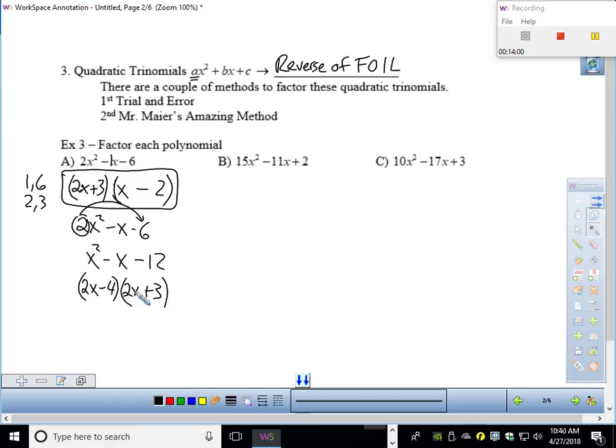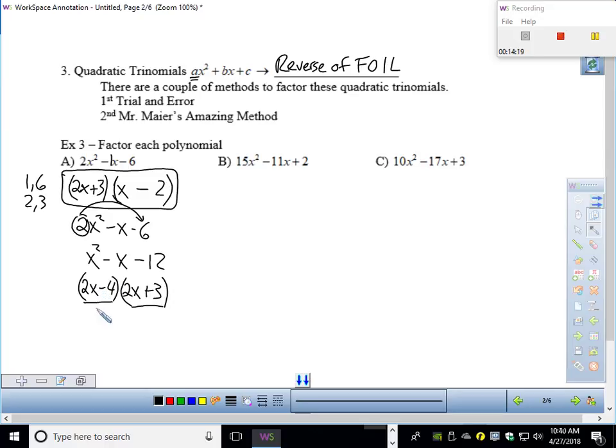But the problem is, if I ask you to multiply the firsts out, 2 times 2 is 4. It's not 2. So something's wrong here. I accidentally put in an extra 2. So what we do, guys, to fix that is we divide each factor by whatever number goes into those numbers inside the parentheses.